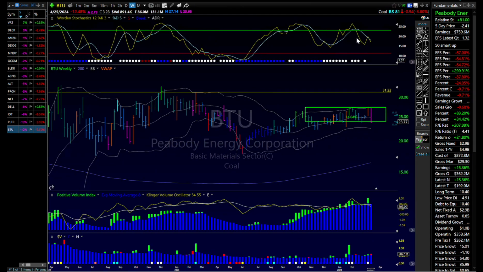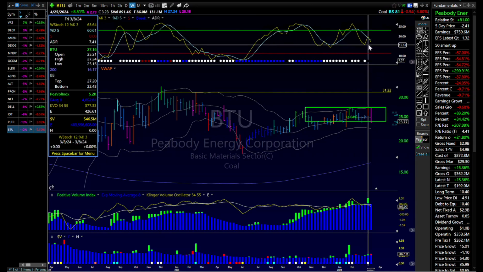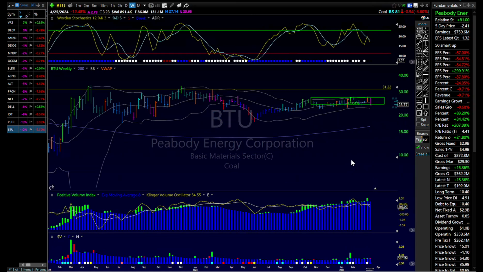You had this weekly squeeze. Tried it, but look at the oscillator. If you didn't have the Warden stochastics on this, I don't think you would have seen the way that this was shaping up. But that's a box breakdown on volume.